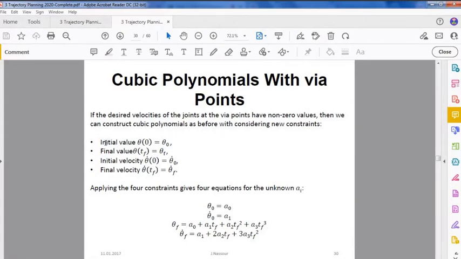So we are adding a via point. Initial value theta 0, final value theta t final. Initial velocity at time 0, final velocity at time final.